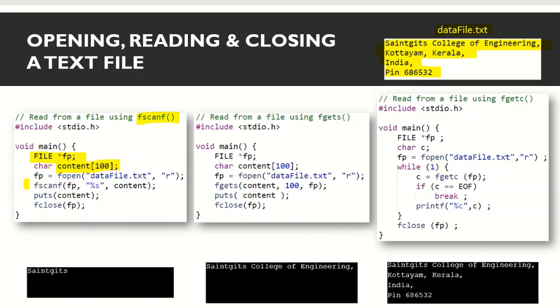Next we have to open the datafile.txt file, in read mode. So that is fopen(datafile.txt, r). Next we are going to scan the content using the fscanf function. The format is like this. First we have to specify the file pointer, the pointer which points to the data file.